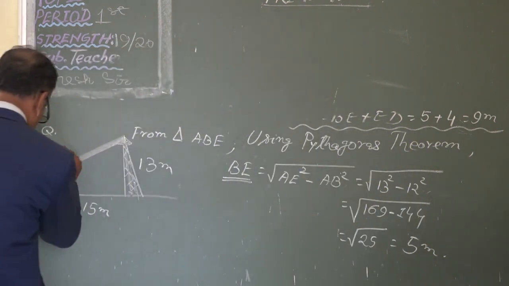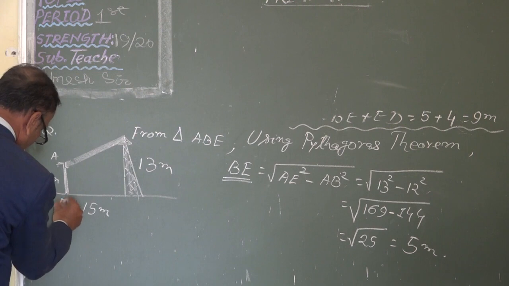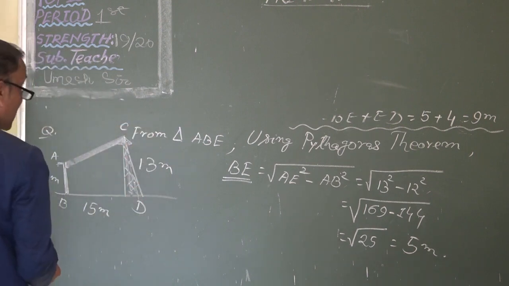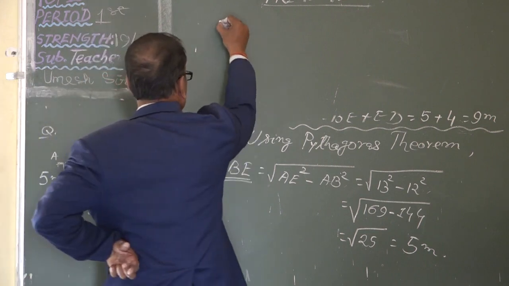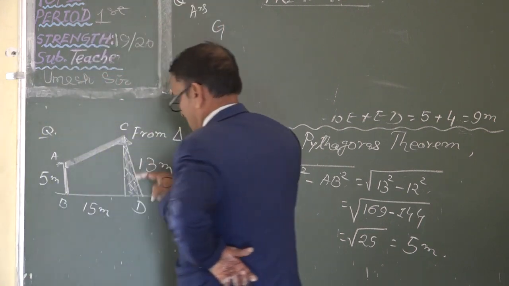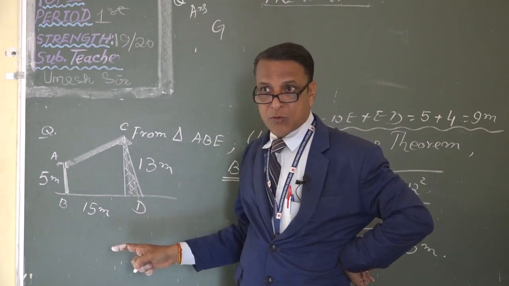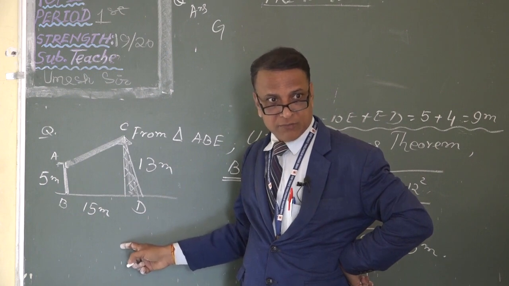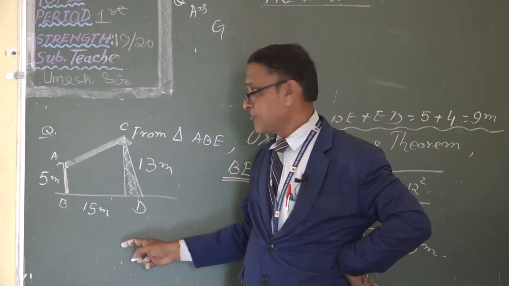So you can name it. Suppose it is your A, this is your B, this is your C, this is your D. Now you write, given answer of this question. You wrote this question. You draw this diagram figure.